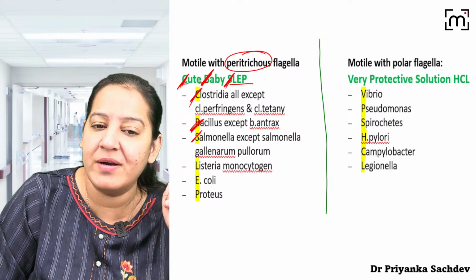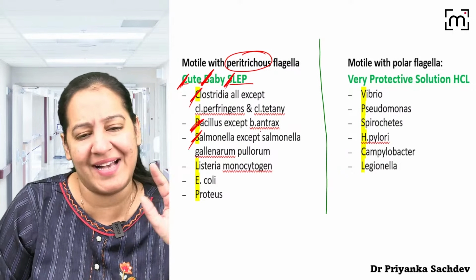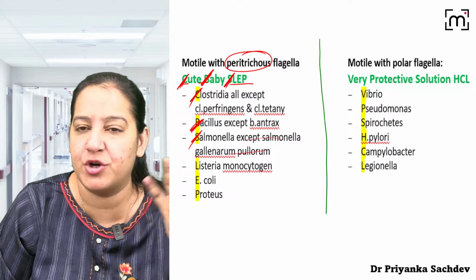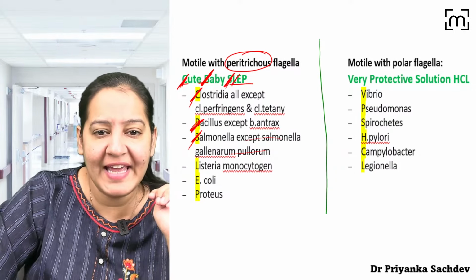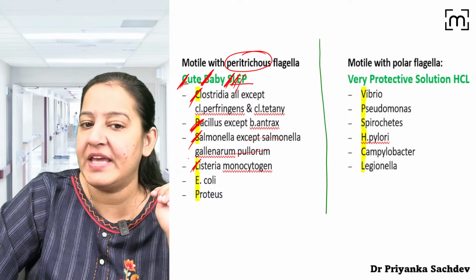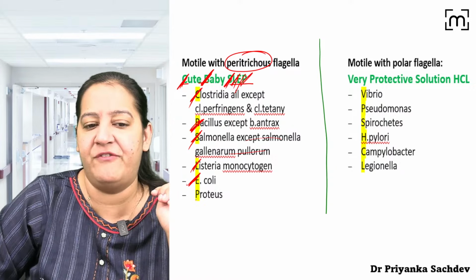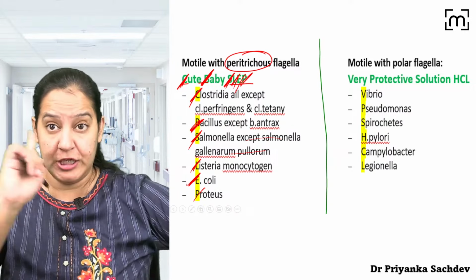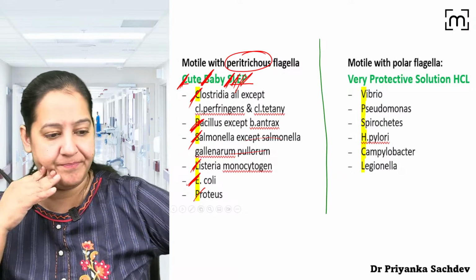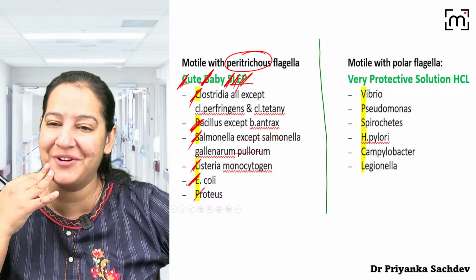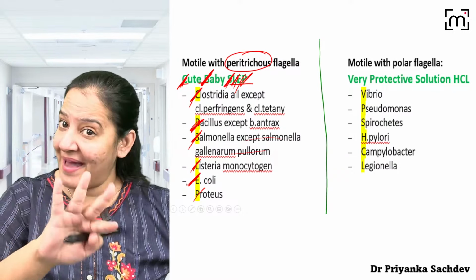S stands for Salmonella. All Salmonella except Gallinarum pullorum. You can leave the exceptions, not very important. L stands for Listeria. E for E. coli. And P for Proteus. Count, they are 6 in number. Cute, baby, sleep. Give me a thumbs up, come on. You got my point. Now these are the peritrichous flagella.